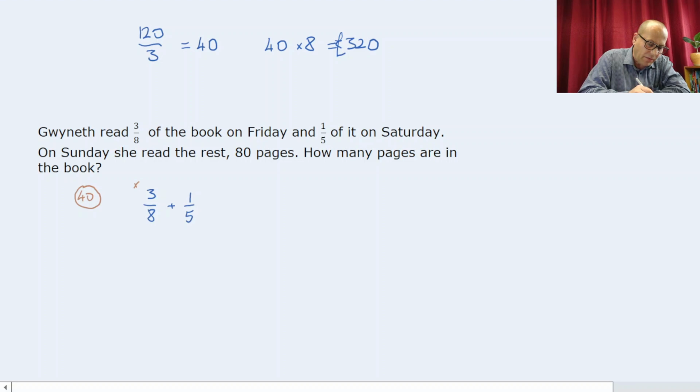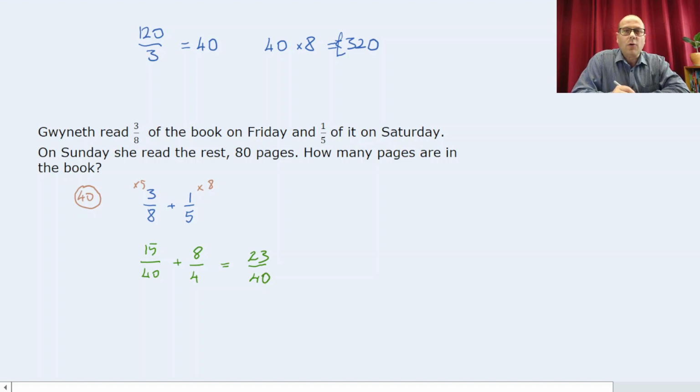So multiply that fraction by 5, and that by 8, to obtain the following: 15 over 40 plus 8 over 40. And that is 23 over 40. So that's the fraction of the book that she has read. So the fraction of the book that she has not read is 17 out of 40.